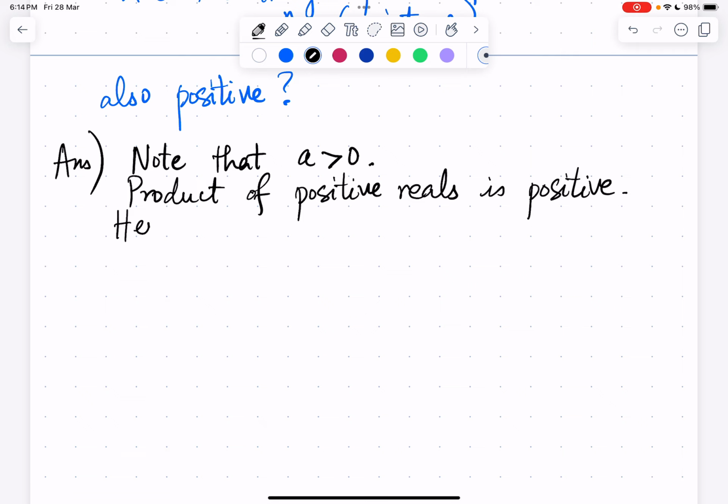Hence a power n, for n a positive integer, is positive.